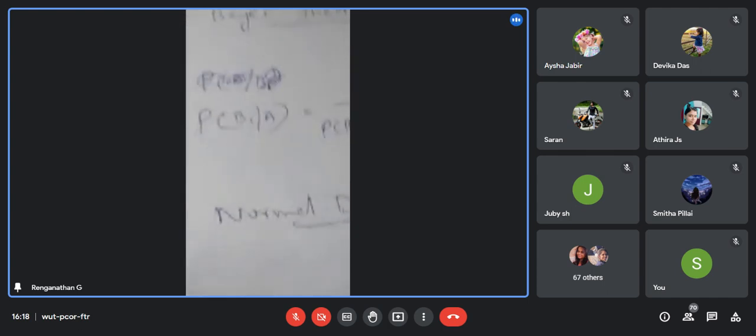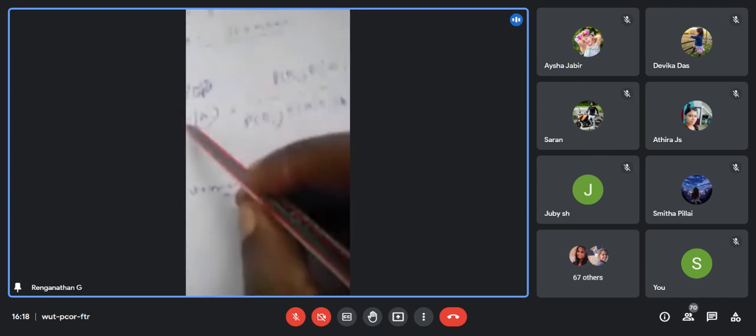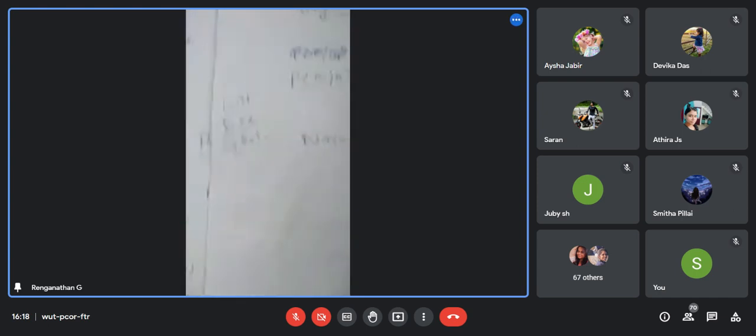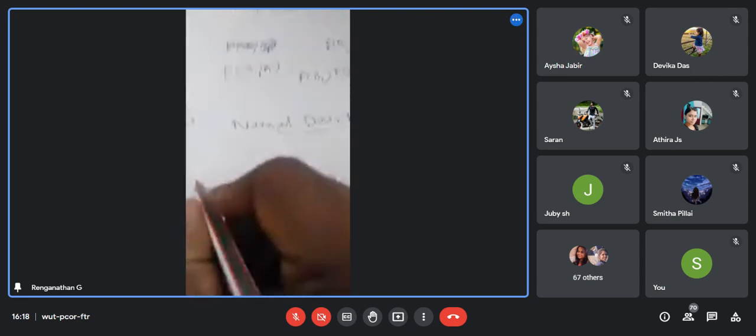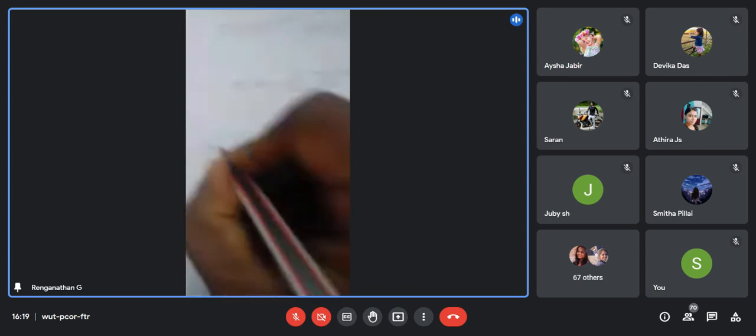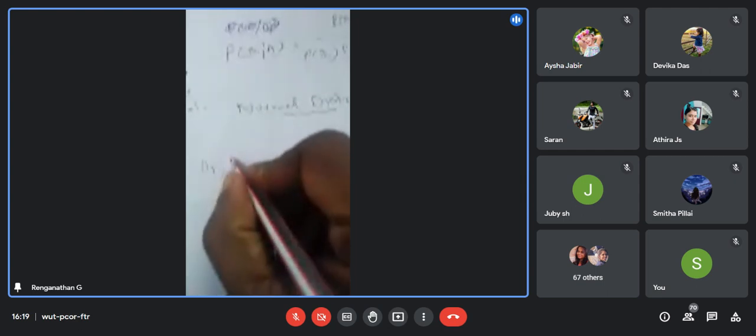There exist two events, isn't it? One B1 and another B2. Here, there exist two boxes. The first one is considered as B1, and the second one is considered as B2.